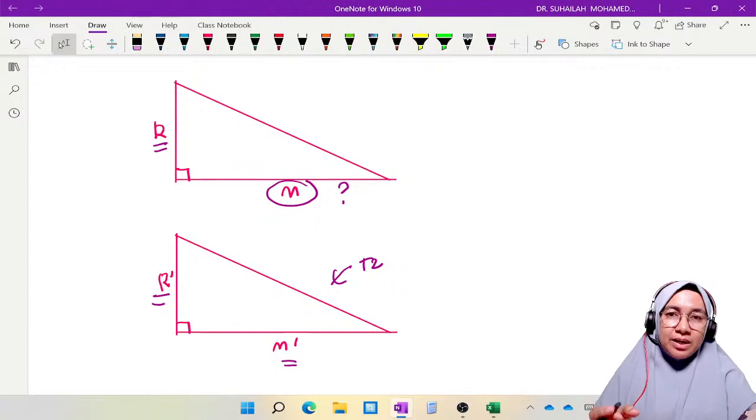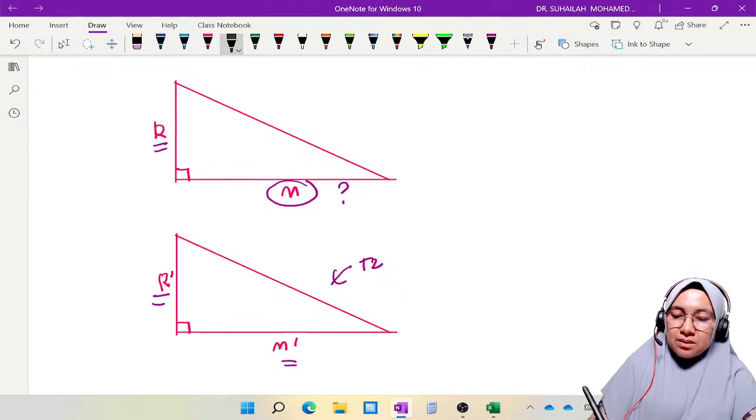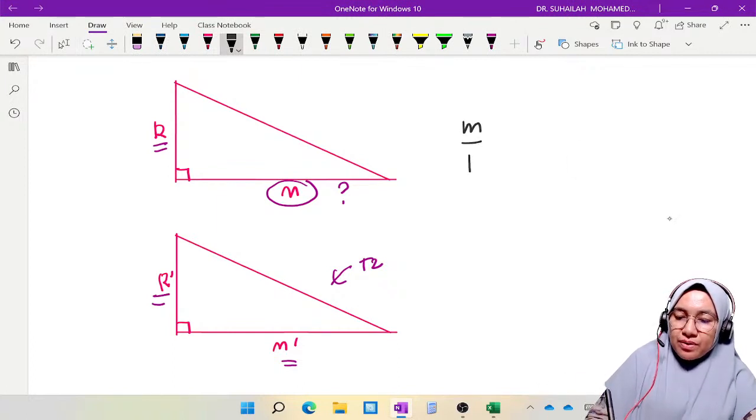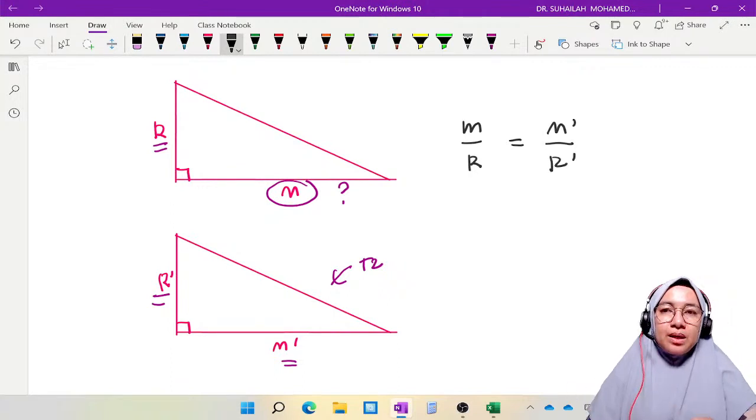The relationship can be written as m over r equals m prime over r prime.